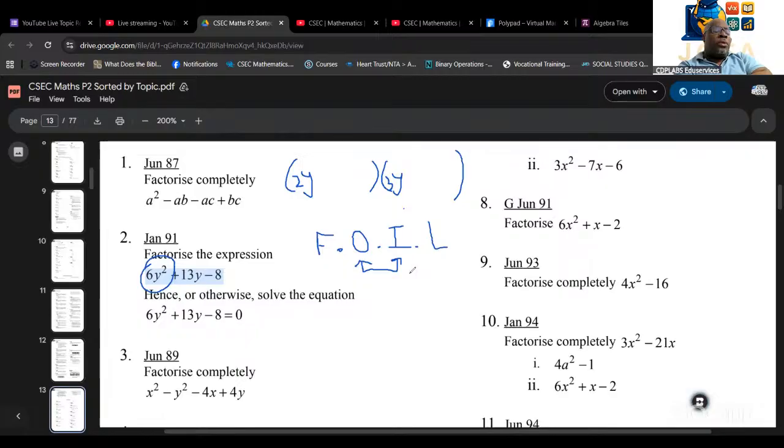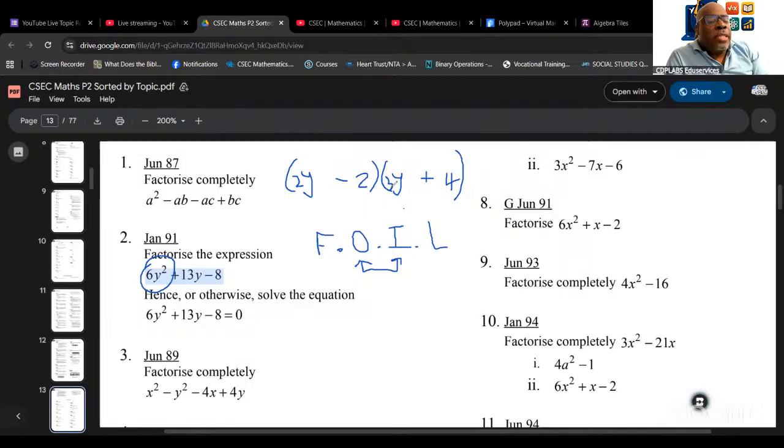But before we go to that, let's look at the two last ones. The two last ones will give me the last term. So the question is, what would be multiplied to give me minus 8? Well, it could be minus 2 and positive 4. That's a possibility. And let's see if that is correct.